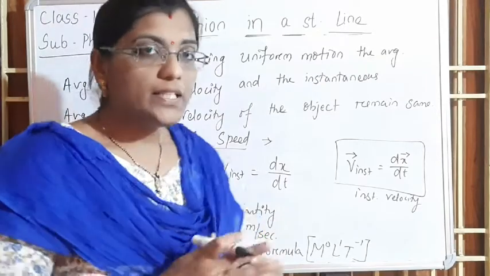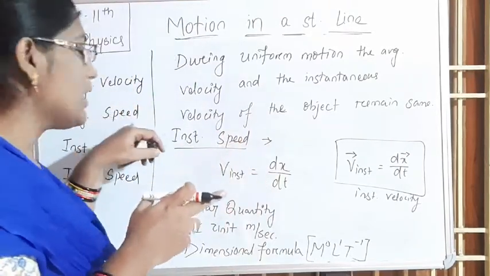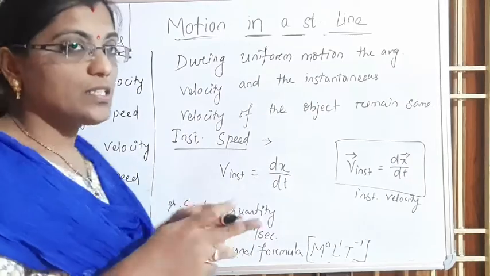Now we will see the difference between average velocity and average speed, and between instantaneous velocity and instantaneous speed.